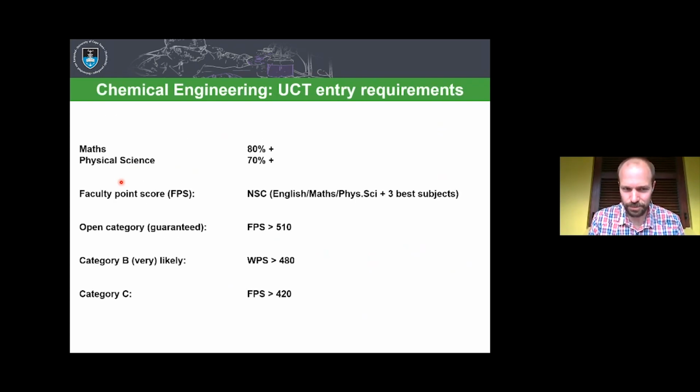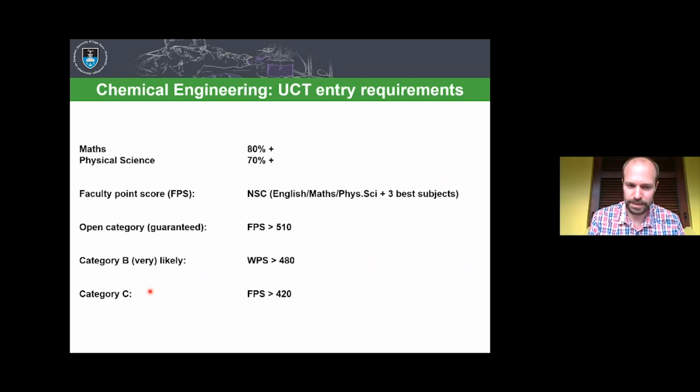This is very quickly, but you know that already. As I said, our entry requirements are fairly high, so it's 80% for math, 70 for science, and then if you add up these scores in your best 3 subjects, you're guaranteed entry if you've got a score of 510. If it's weighted with a disadvantage score, if you go over 480, it says likely, but it's very likely that you get in.